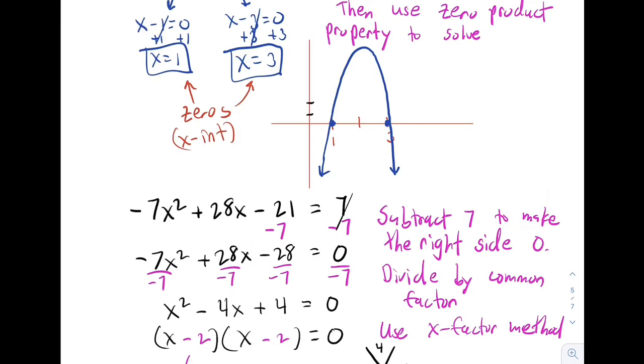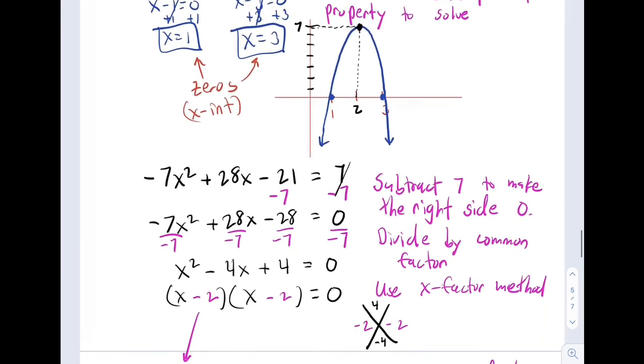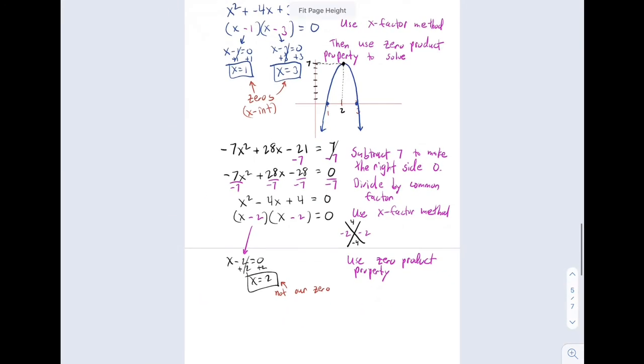So on our graph, we write out 1, 2, 3, 4, 5, 6, 7 right here, and that matches up with our height 7. And if you notice, the x value for that 7 is 2. And that's how we got our 2.